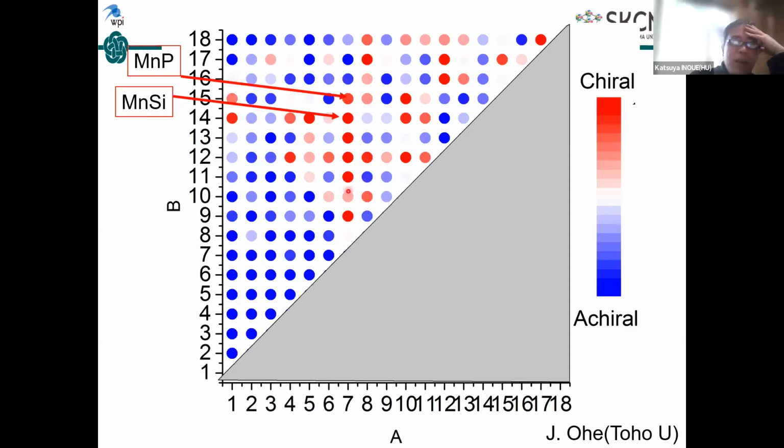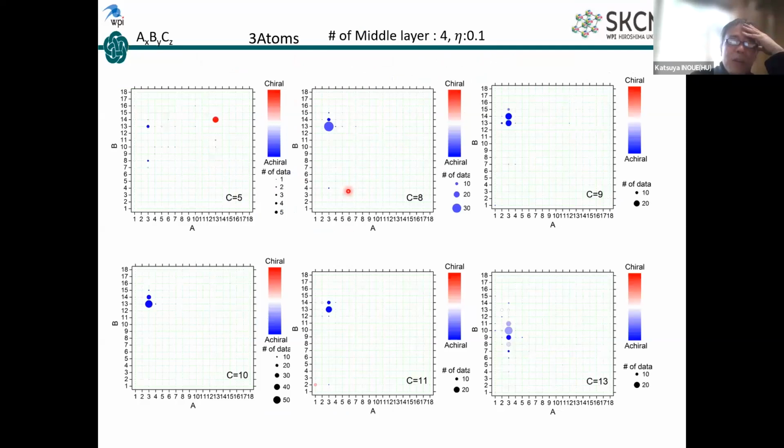But now we can extend to three different systems, the A, B, C system. We can do this by deep learning. It is easier.